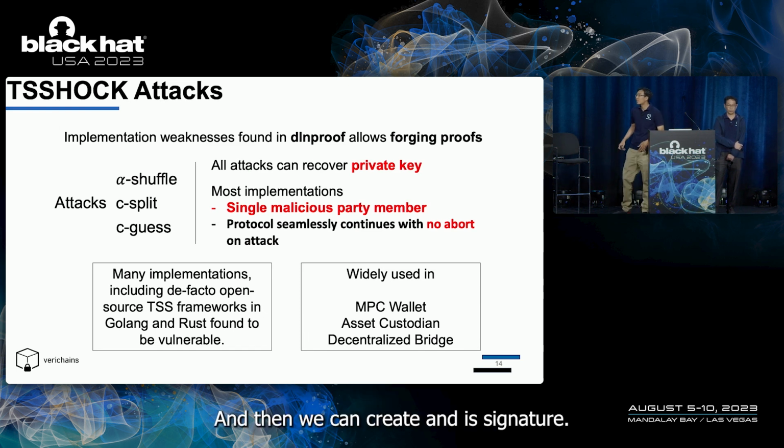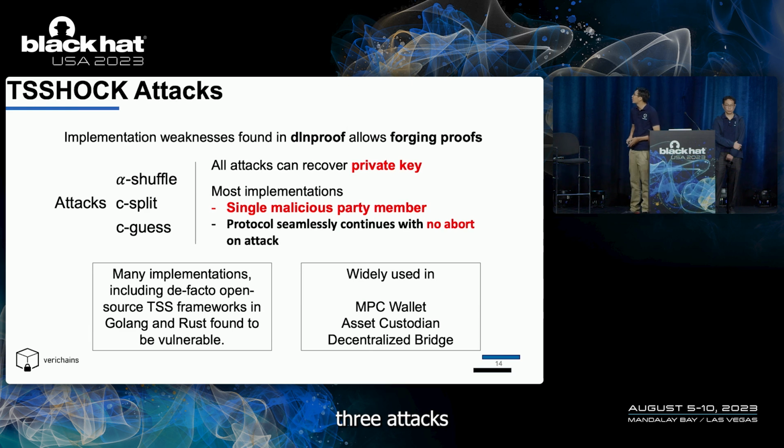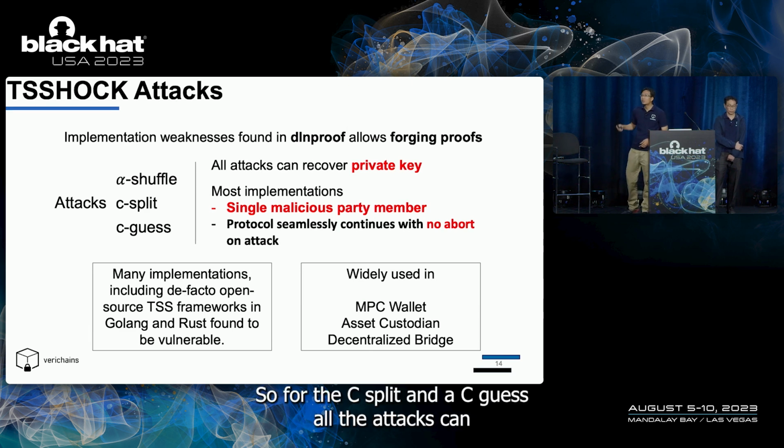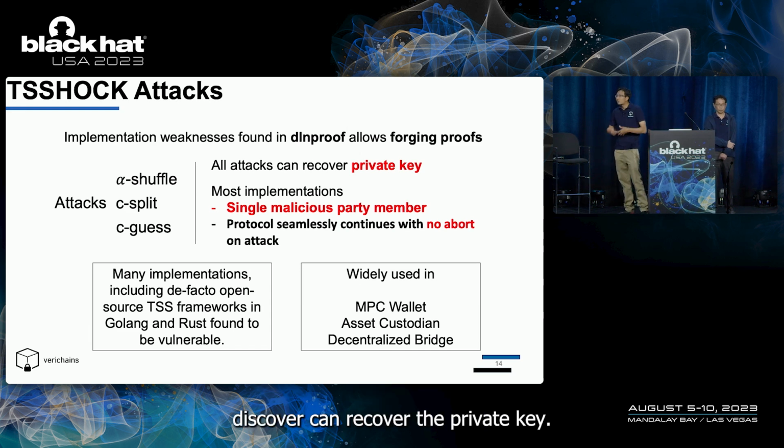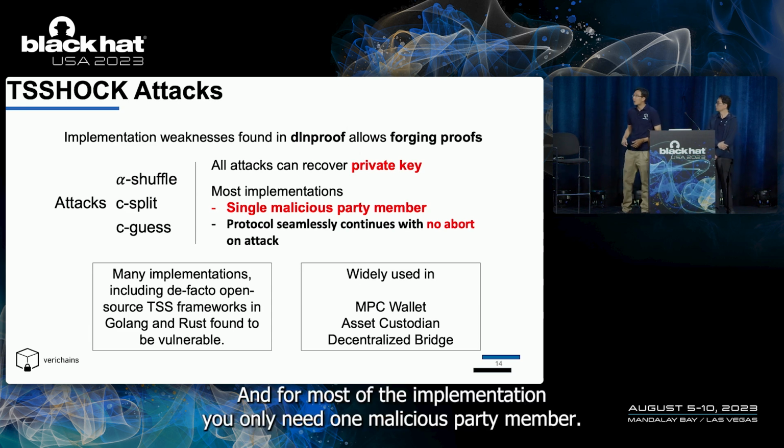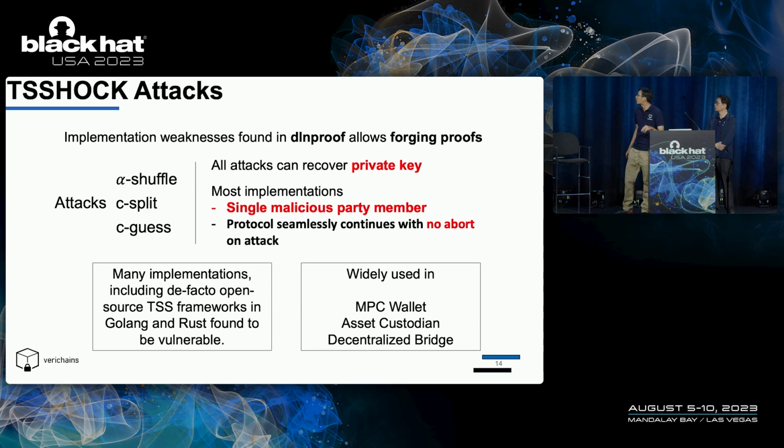So we found 3 attacks, and that is the alpha shuffle, the C split, and the C guess. All attacks can recover the private key. And for most of the implementations, you only need 1 malicious party member.